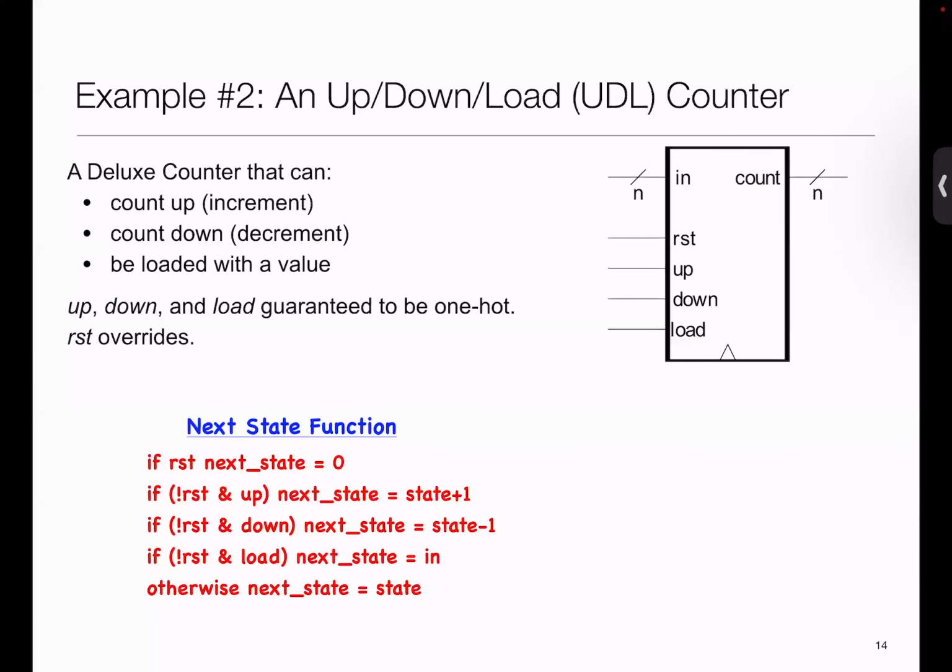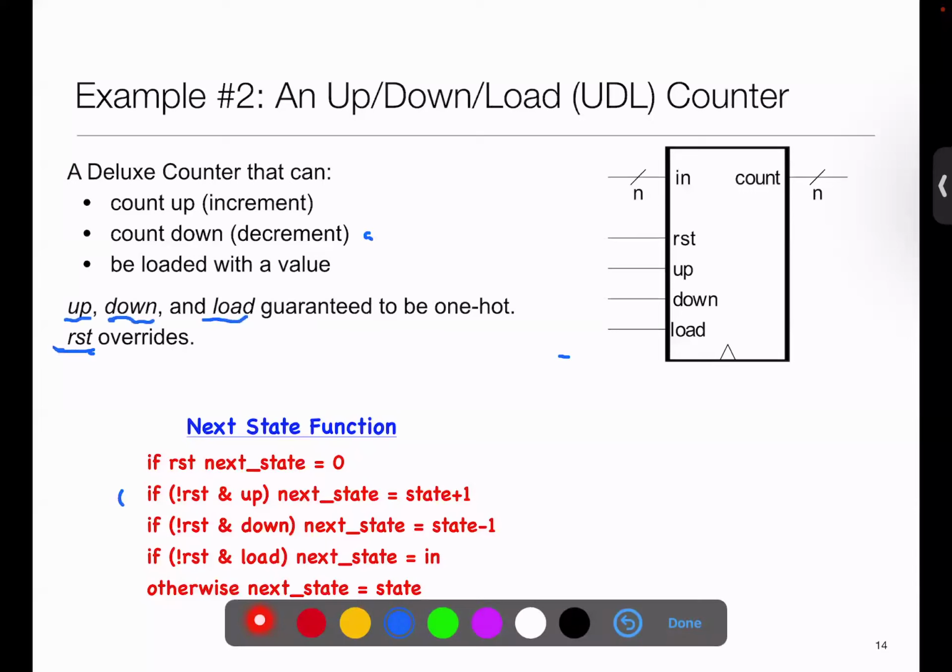Now here you might say, okay, but these seem to be all in parallel. So maybe you can think about it like an else if, right? So you can say it's like this.